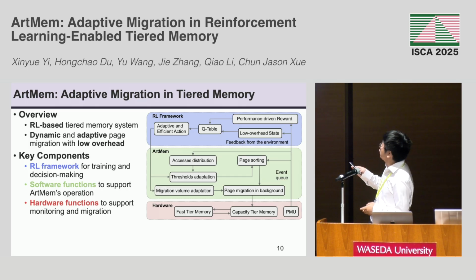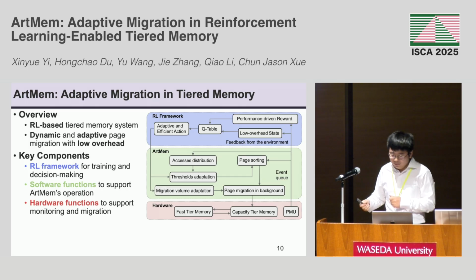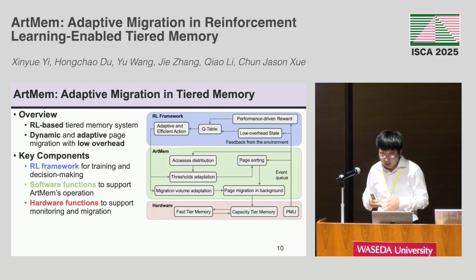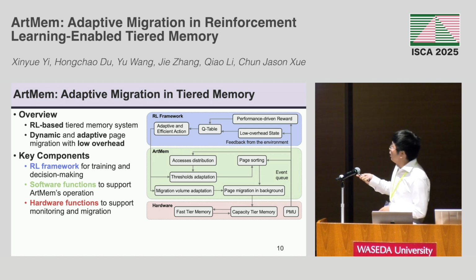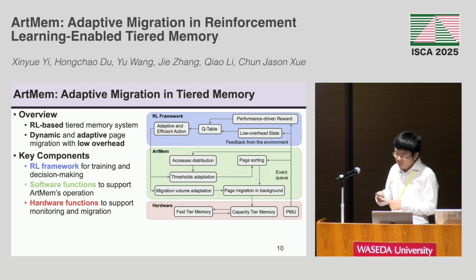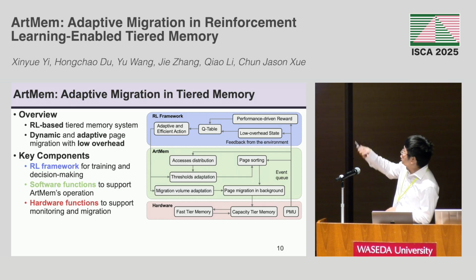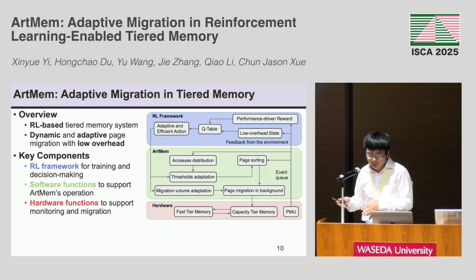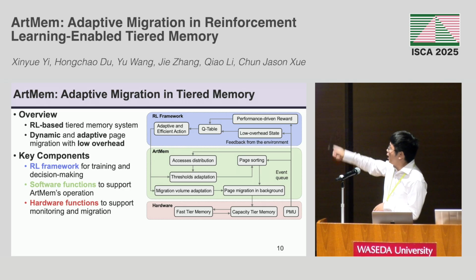This includes a Q table that learns optimal actions for different states and a reward system that provides feedback on migration decisions. In the middle, we have the software layer for ArtMem that processes distribution information, performs page sorting, and adapts the threshold and migration volumes based on decisions from the top layer.